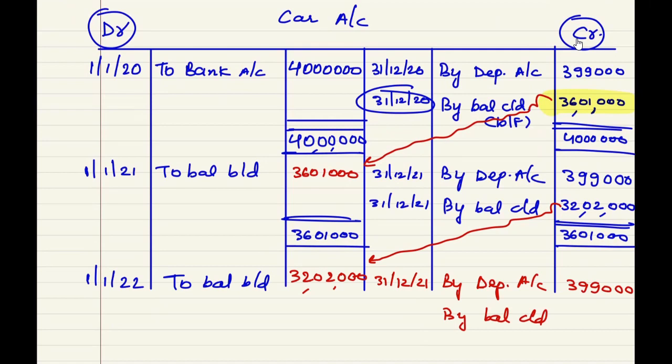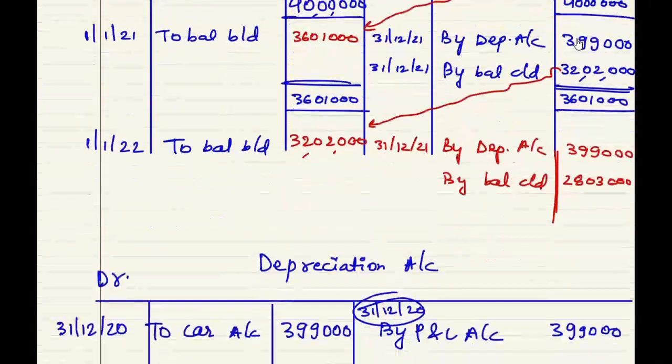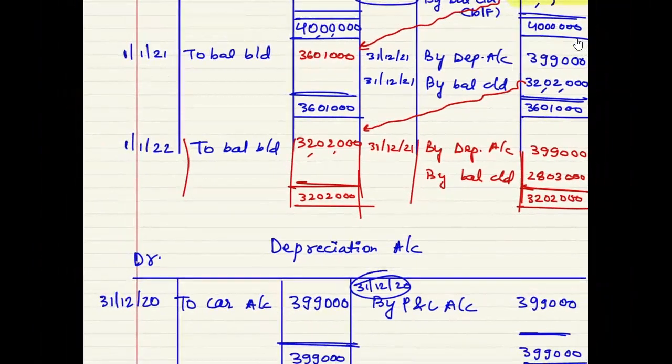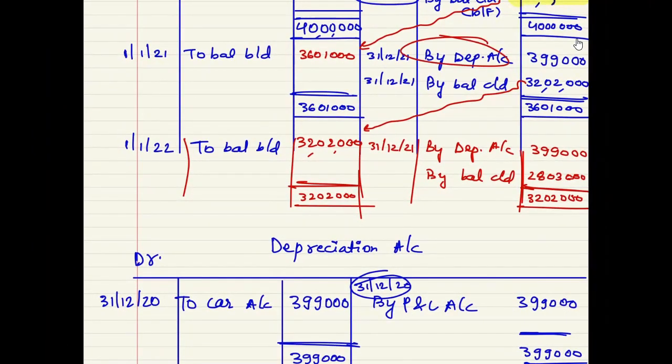So 32 lakh 2,000 minus 3,99,000 becomes 28 lakh 3,000. By this, my total on both sides will come as 32 lakh 2,000. So every year in this way, the depreciation will be charged.